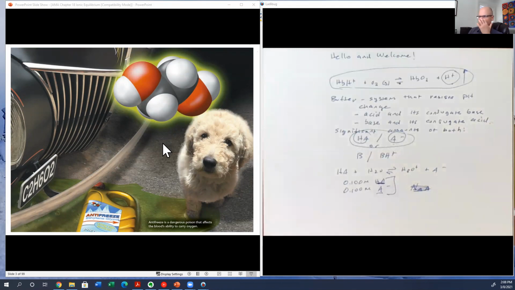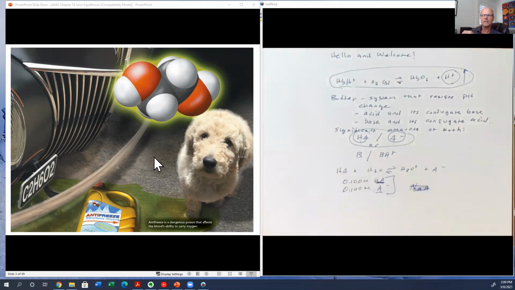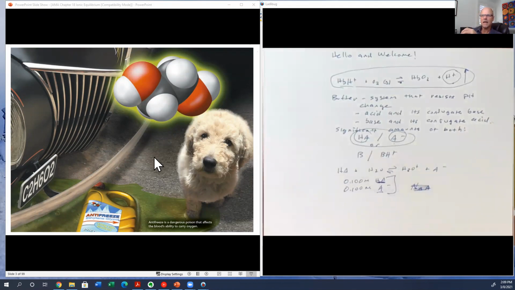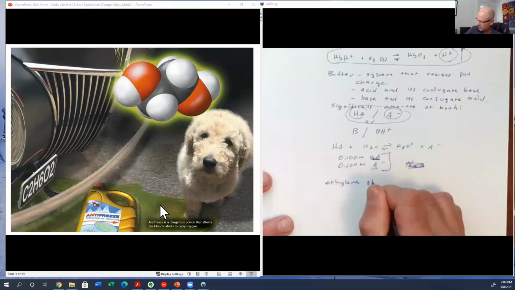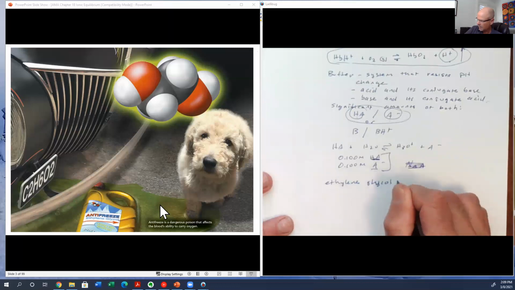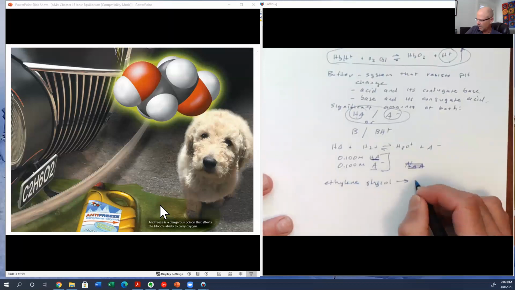Now, why is antifreeze so dangerous? Well, even though blood is buffered, there's a limit to how much incoming acid or base a buffer like this can neutralize. When antifreeze is consumed, which is primarily ethylene glycol, the liver converts it to glycolic acid.